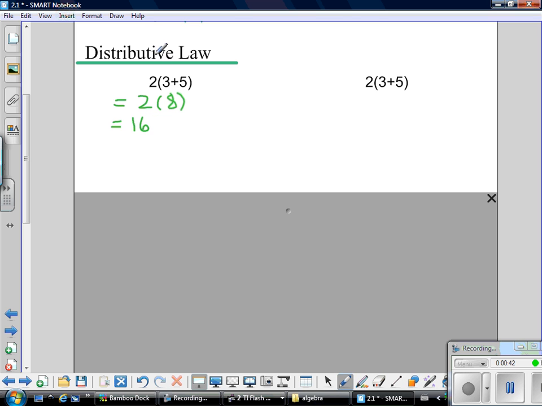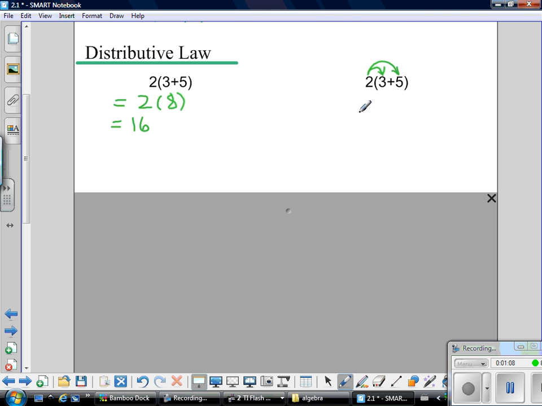Now, when I'm talking about the distributive law, this is what it means. Right now it says 2 times everything that's in the brackets, and that's what this one said too. But in this case, I actually calculated the bracket first. This time with the distributive law, I'm literally going to distribute that 2 times into each term inside the bracket.